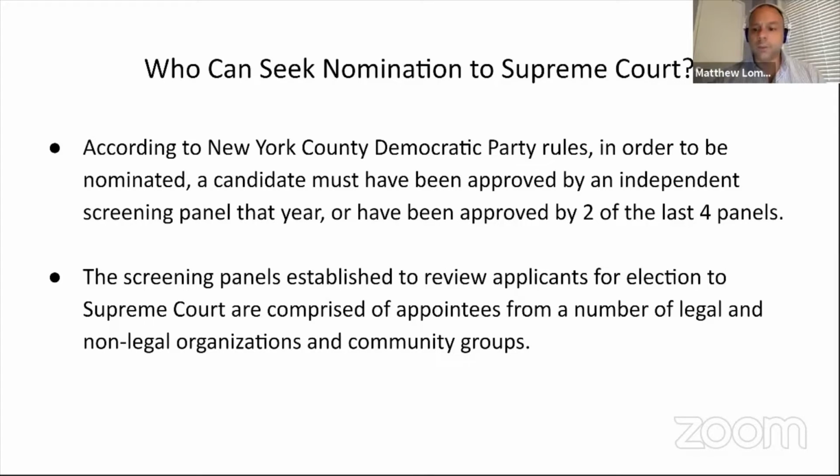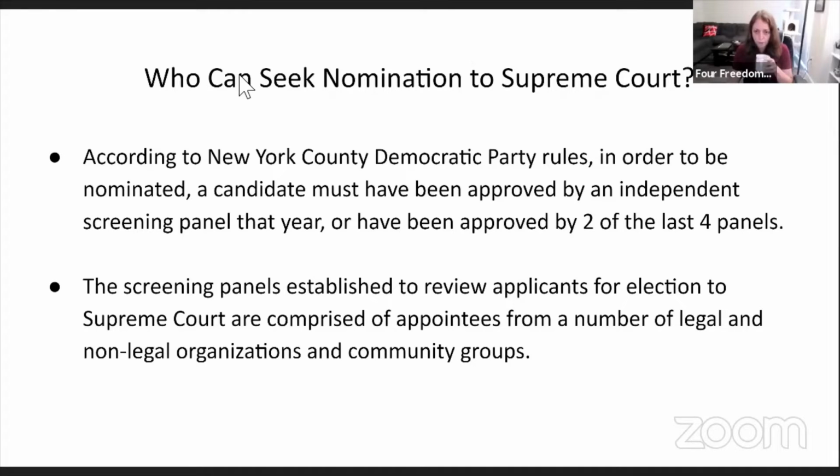Sure. The independent screening panels are a mechanism to try to vet the legal qualifications of candidates. And they're composed of nominees from various civic groups and community groups, such as the New York State Trial Lawyers Association, the Jewish Lawyers Guild, New York County Lawyers.